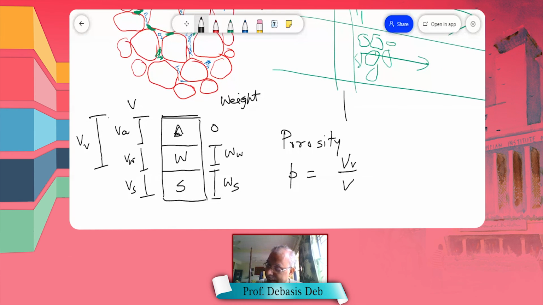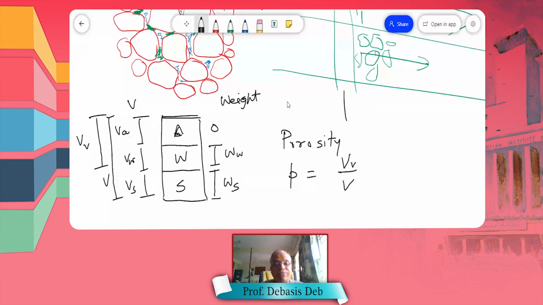So total volume is this. This we call porosity. Volume of void, that means volume of air plus water, divided by the total volume. This is called porosity. Okay, this is the first definition.